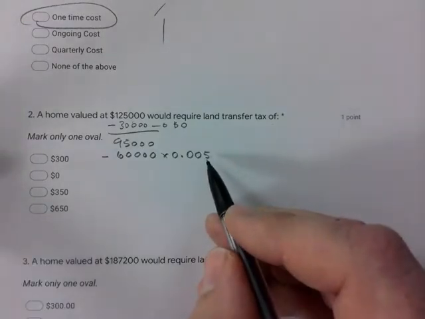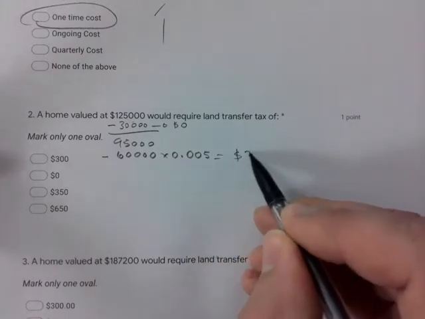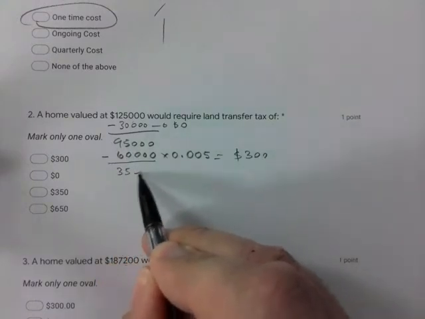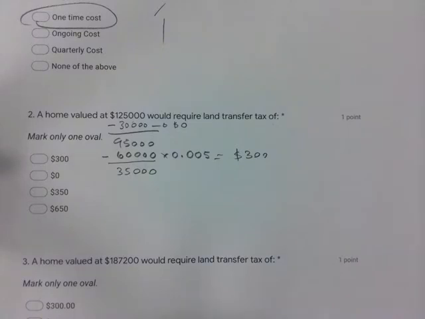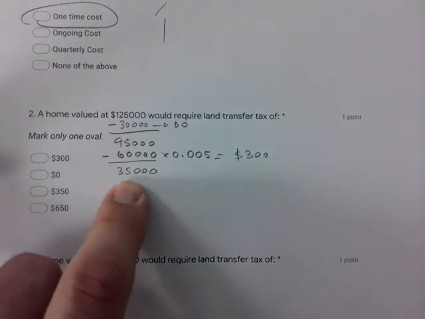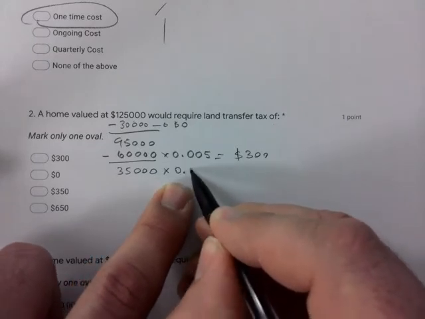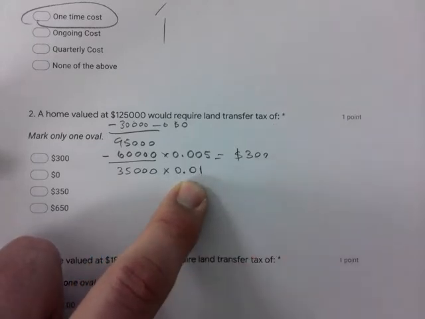I would have those on my study sheet if you're not sure, because being off by a zero there makes a big difference. So 300 bucks on that portion. You keep going, you're left with 35,000. At that point, you cannot subtract any longer, but the next percentage on that scale is 1%.